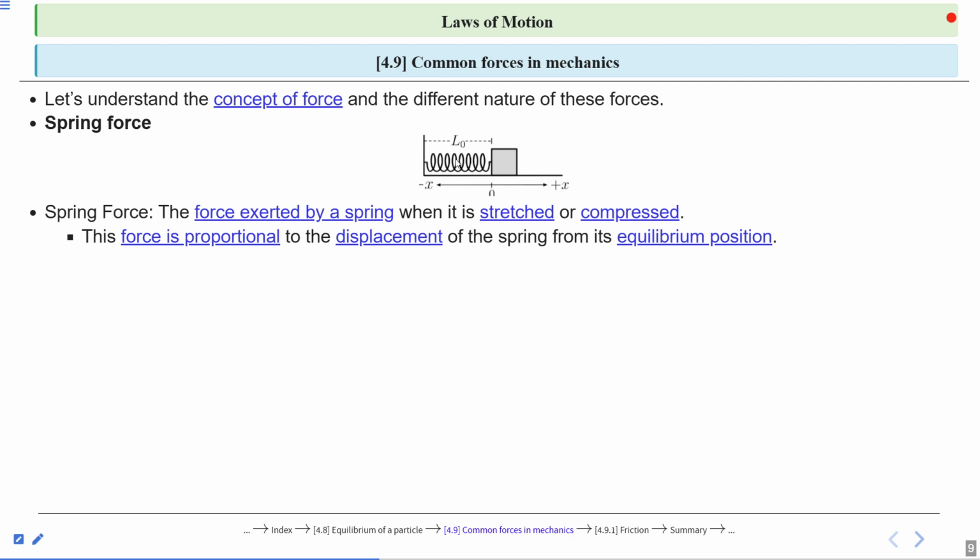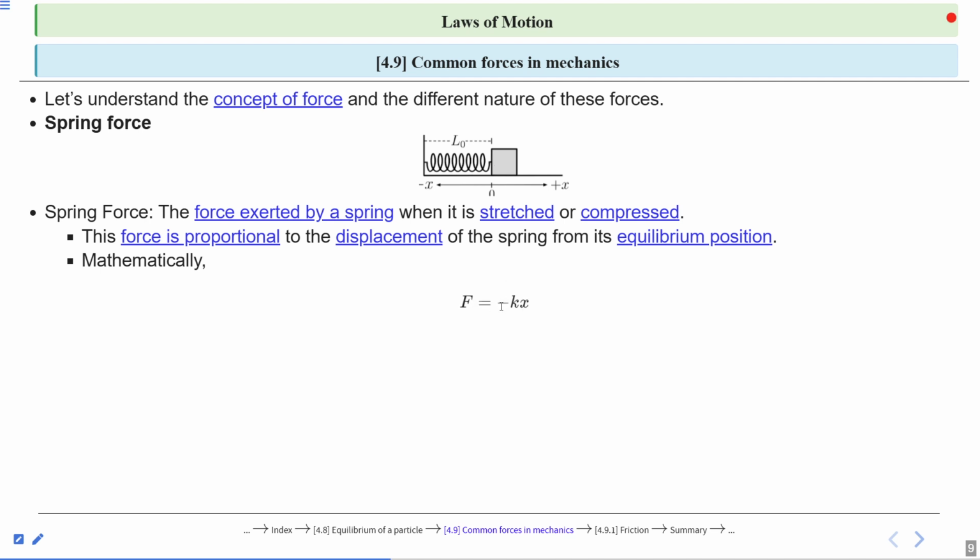So when we stretch the spring, the position of the block will be changed. So there is a displacement, and that displacement is proportional to the force applied by the spring. Mathematically, we can understand it.